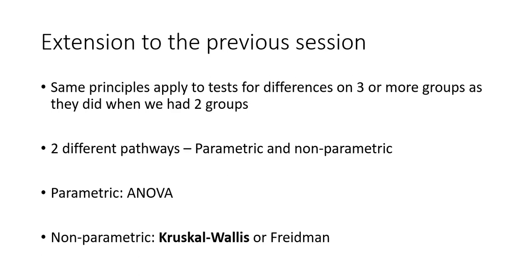Now, whether we use a Kruskal-Wallis or a Friedman depends on whether our data are independent samples data or paired samples data. Last time we looked at paired samples data, for example before versus after. But this time we're going to be looking at independent samples data, where the data come from sample data sets which aren't related to each other.